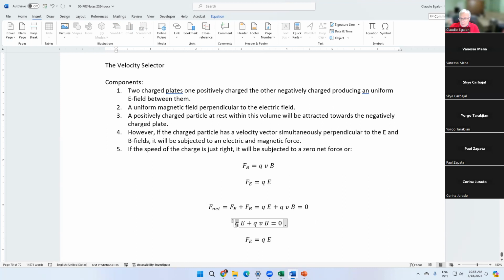The Q cancels out from both sides. Here we're supposed to have a negative sign, don't forget, the negative sign here. And let's put a vector.